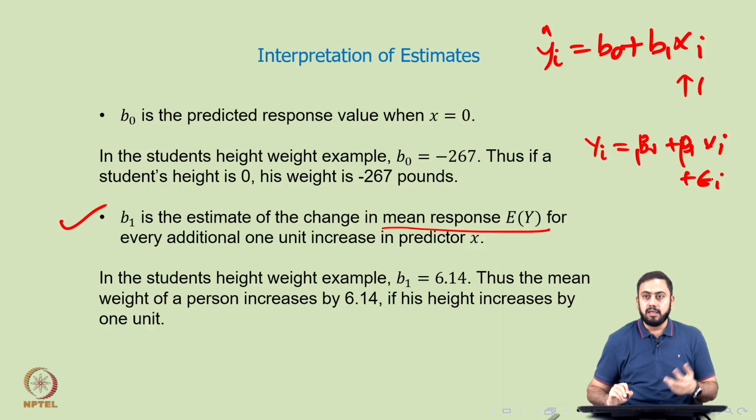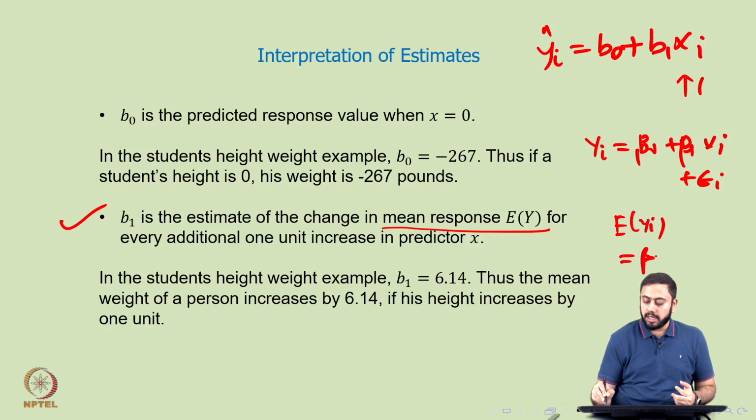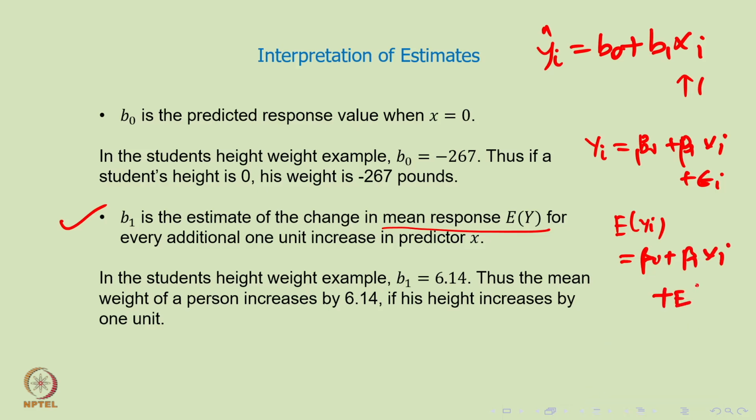So yi equals beta 0 plus beta 1 xi plus epsilon i. Now the moment you take expectations on both sides, the expectation of yi happens to be beta naught plus beta 1 xi plus the expected value of epsilon i, which is assumed to be 0. As per the assumptions, you can go back to the LINE conditions and check one more time that this was taken to be 0.